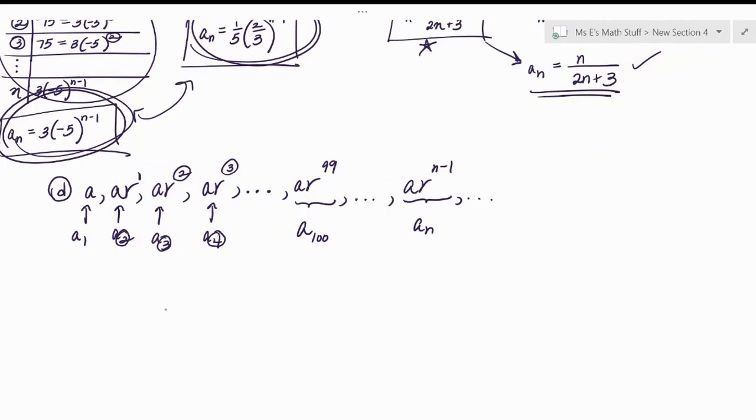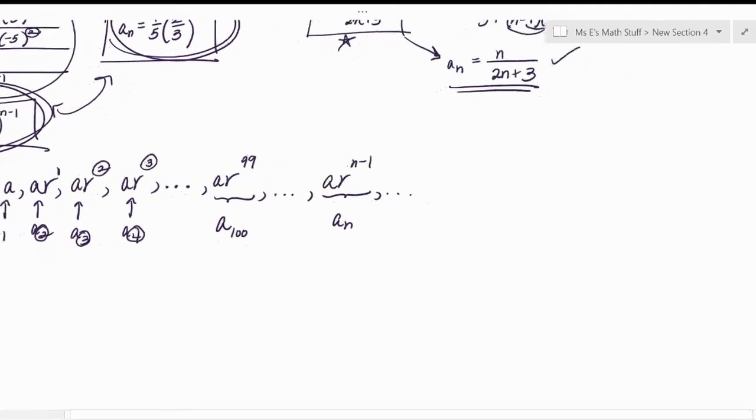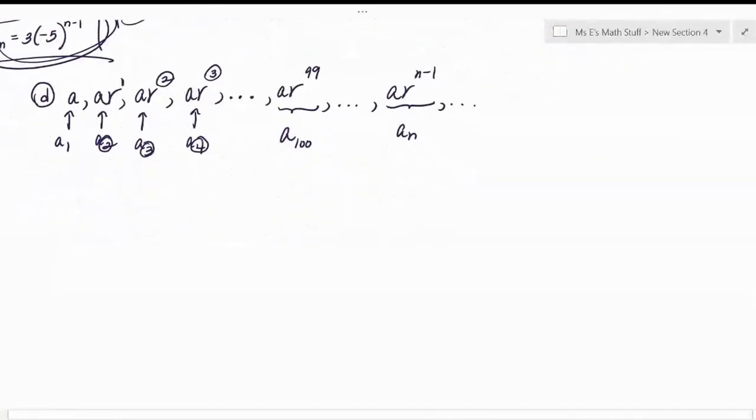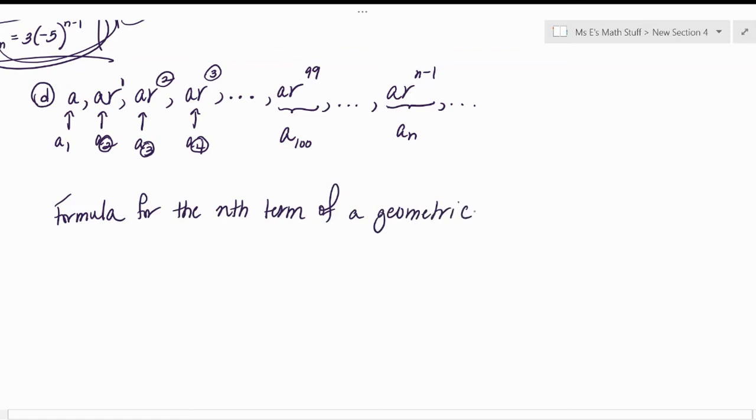So the last thing I want to do is kind of make this formula official, something that I think you were kind of using before I told you about it. So this is a formula for the nth term, specifically of a geometric series. Oh, not a series, I apologize. Wrong word. Sequence.